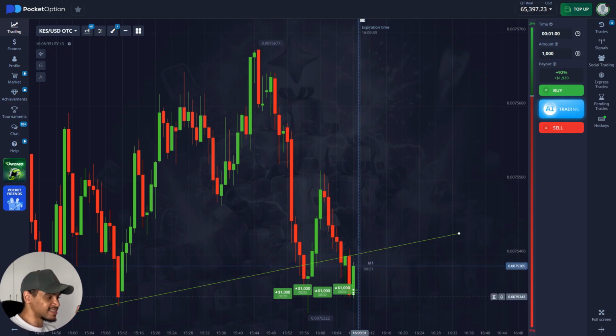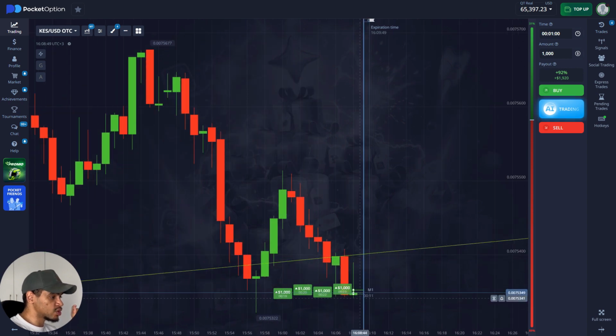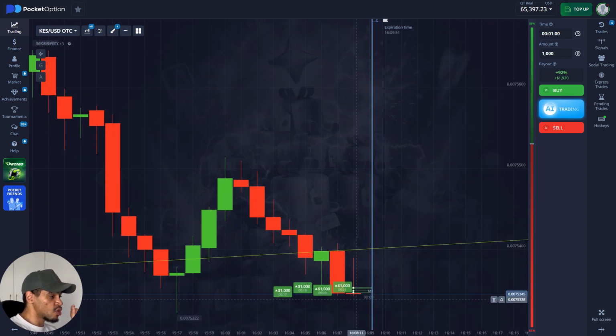However, here I still see the opportunity to get my buy position in, so this is exactly why I place a buy position on this trade. But I already know that the overall tendency is going to be a sell position. So what I'm gonna do here is I'm gonna grab all this money right here, wait for the price to go higher, and then I'm going to secure a sell position trade.